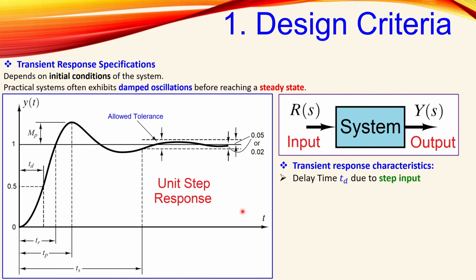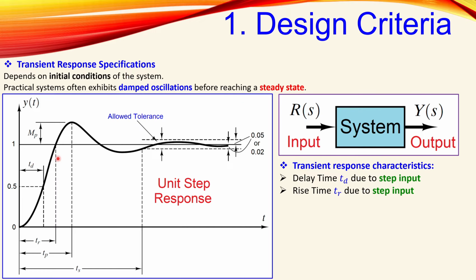Now we see several things here. If we have the delay time due to step input, that is actually this time, which is the time to reach 50% of the steady state value of your output. The rise time we also see shown here.